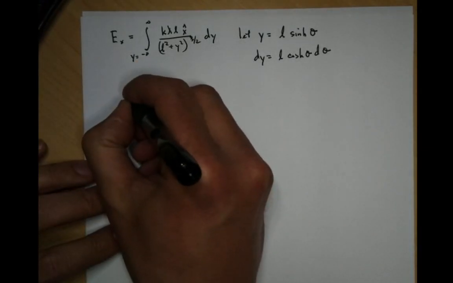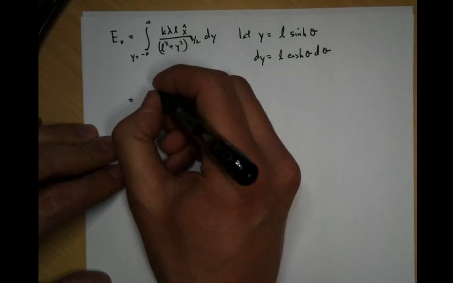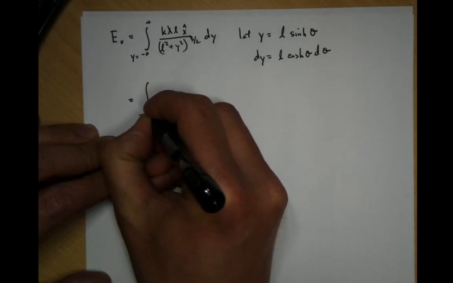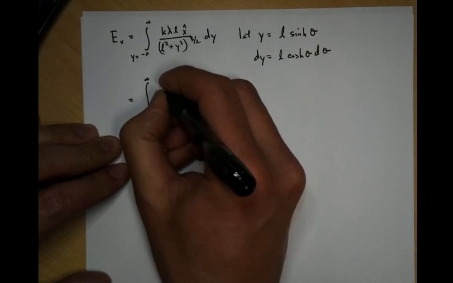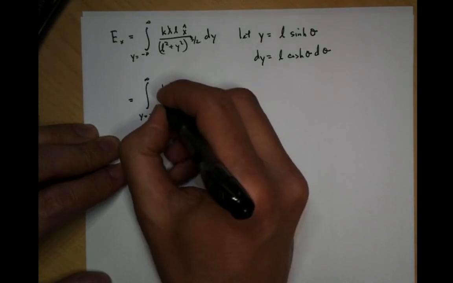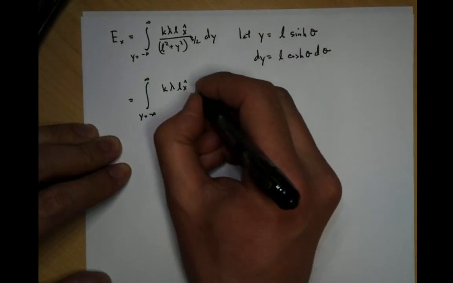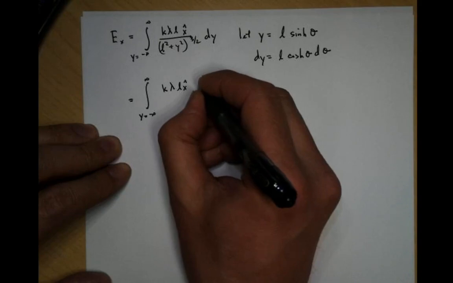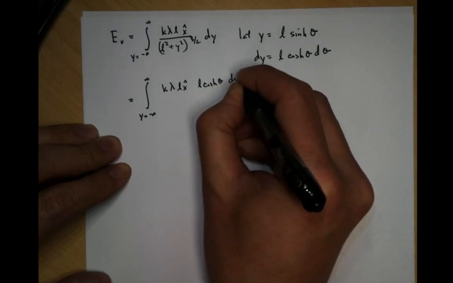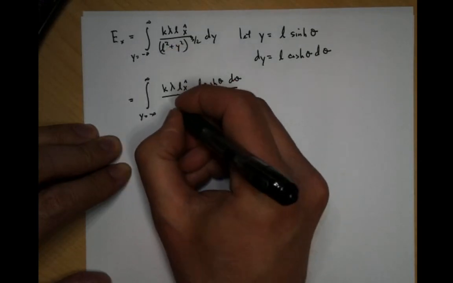So this can be equal to, let's get this right now. Again, I keep y equals minus infinity to infinity, k lambda L x hat. Now dy was this, so that's just going to be L cosh theta d theta divided by now this thing.